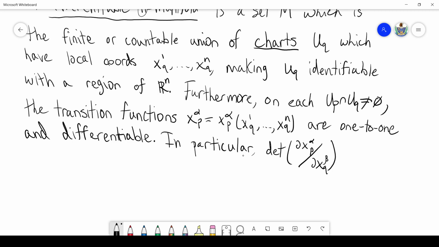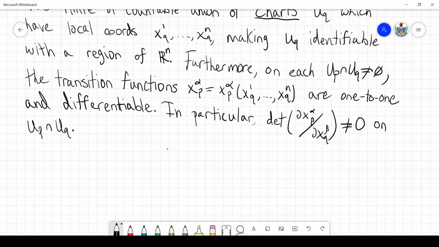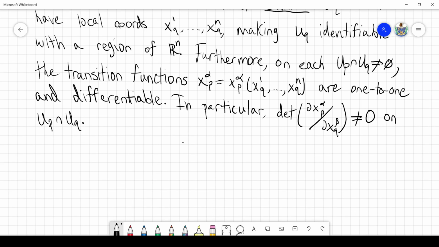Here, this is an n by n matrix, indexed by alpha and beta, which are just running across the coordinates xp and xq. This determinant must be non-zero on UP intersect UQ. So that's the definition of a differentiable N manifold.